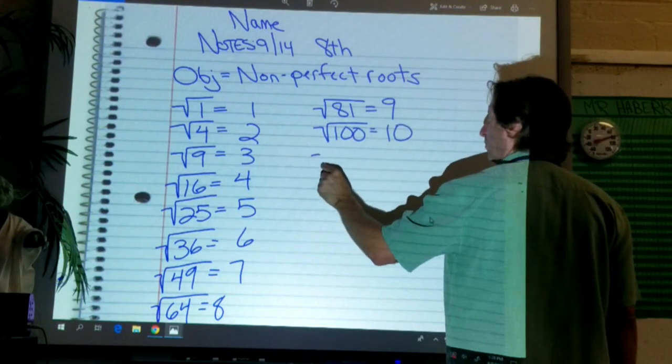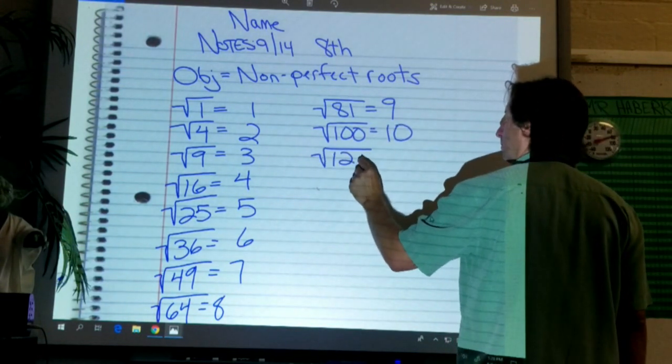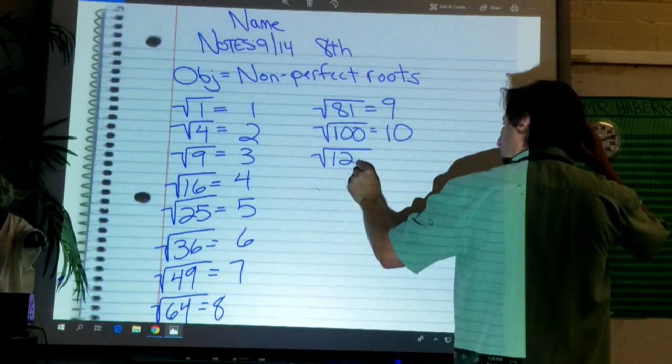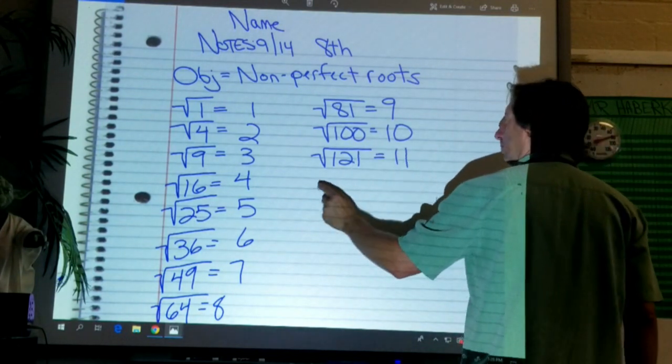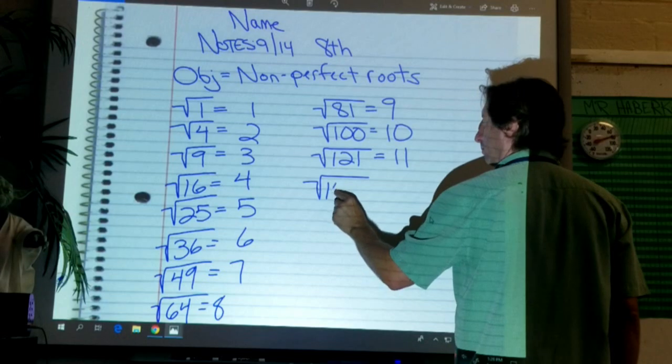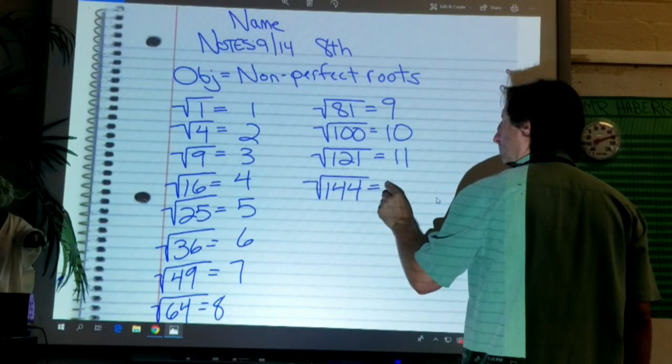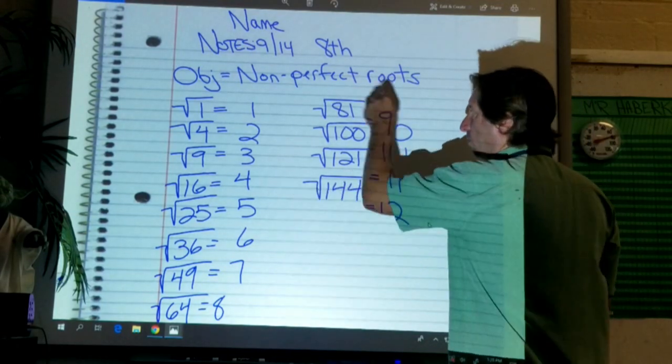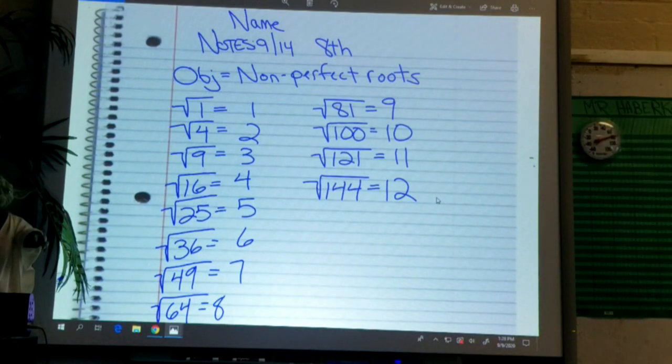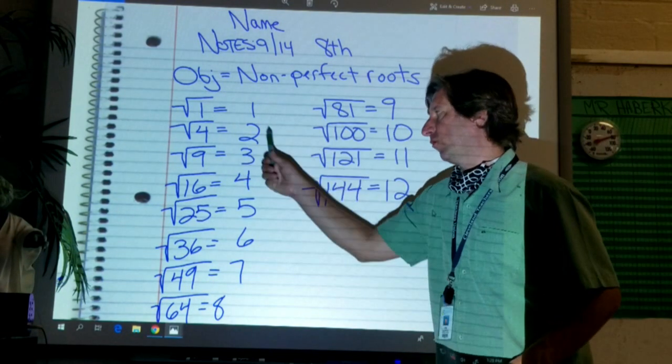We'll go up to 12. All right, so these are our first 12 perfect roots. 1 times 1 is 1, 2 times 2 is 4, 3 times 3 is 9.